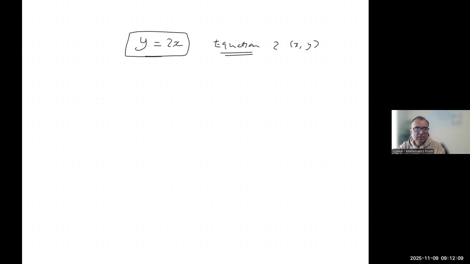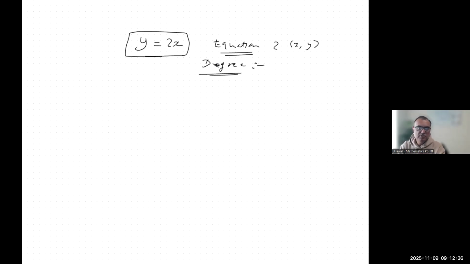Can you tell me what is the degree of this equation? I repeat, what is the degree of this equation? I don't see many answers coming in here.